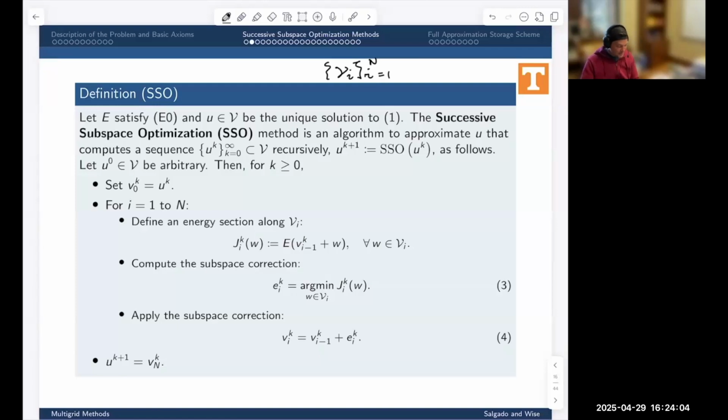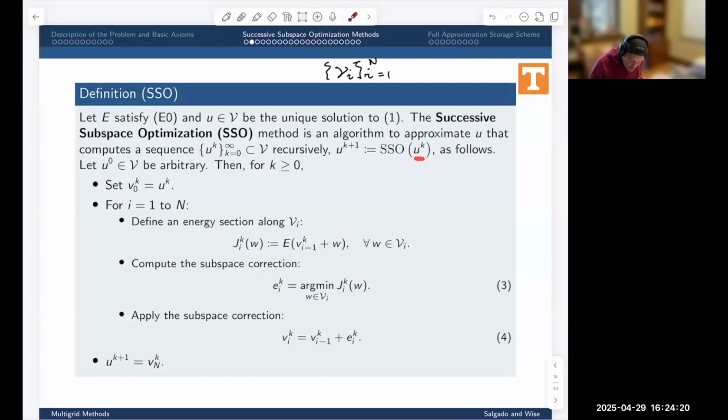All right, so the successive subspace optimization method, what is it? Well, it's like most of the algorithms we deal with in this book, it's an iterative algorithm.